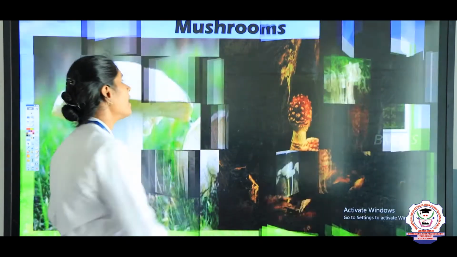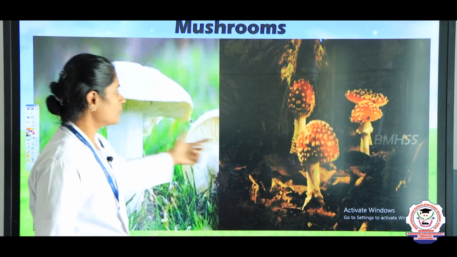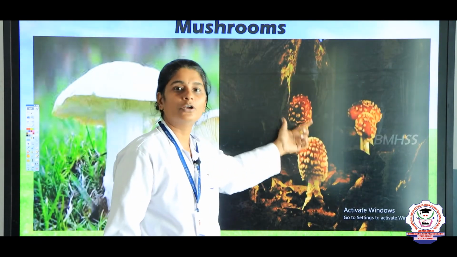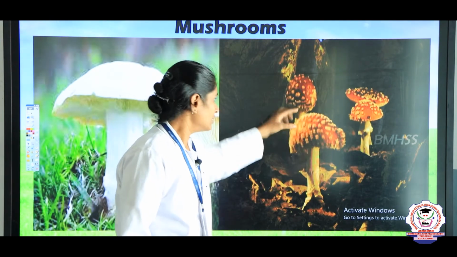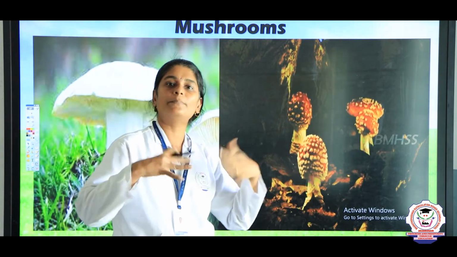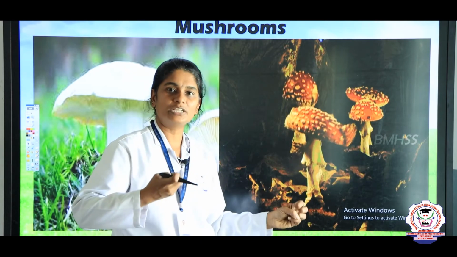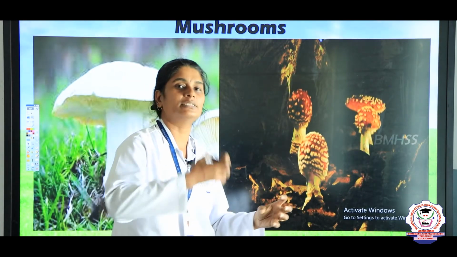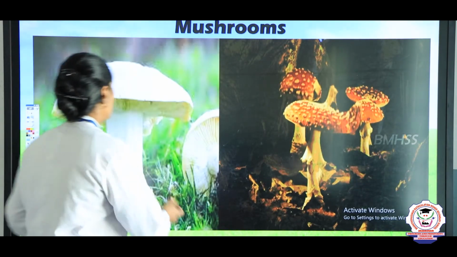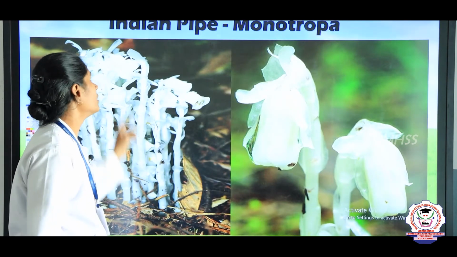Example: mushroom. The mushroom is an example of non-green plants. Mushrooms cannot prepare their own food; they take nutrients from the dead plants and dead animals present in the soil. The next example is Indian pipe.